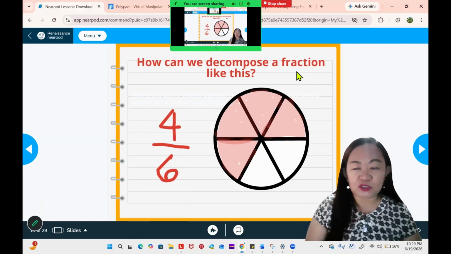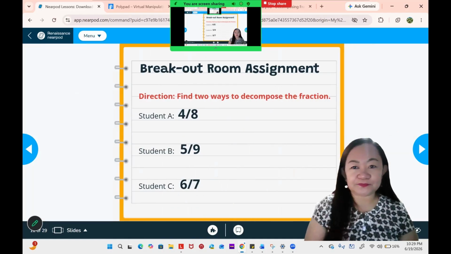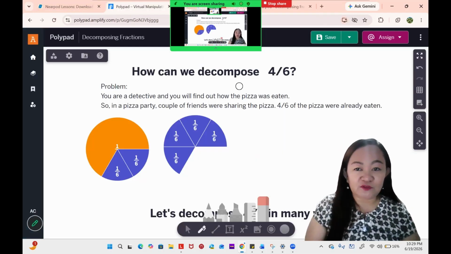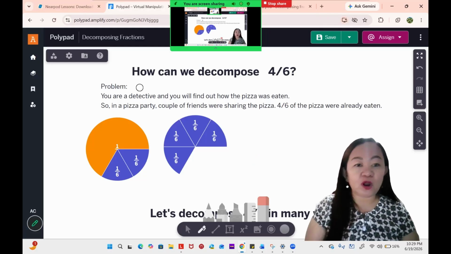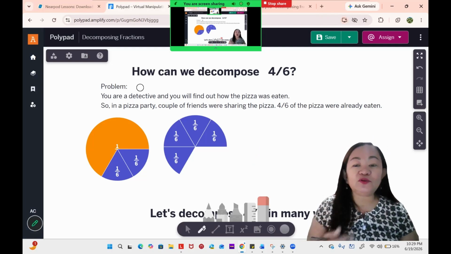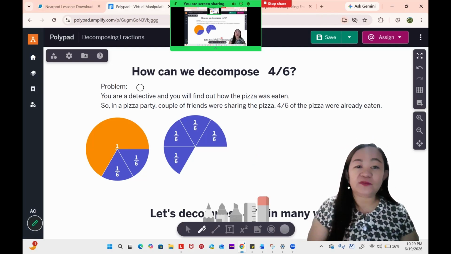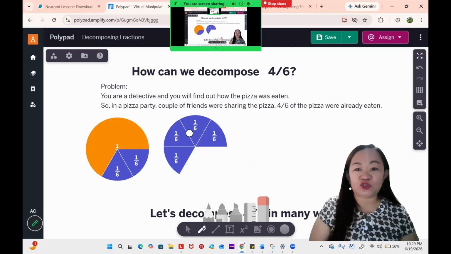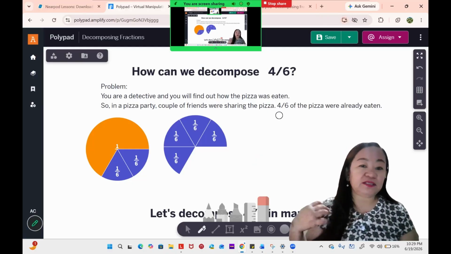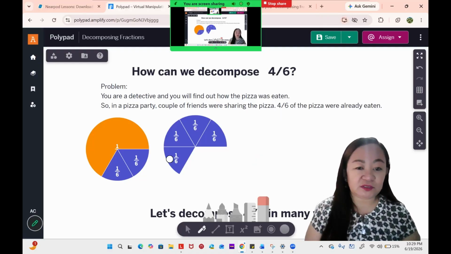How can we decompose a fraction like this? We're going to take the same fraction, but in a different situation. So the problem is you are a detective, and you will find out how the pizza was eaten. So in a pizza party, there are a couple of friends who were sharing the pizza, and 4/6 of the pizza were already eaten. Okay, so it is represented by these slices.